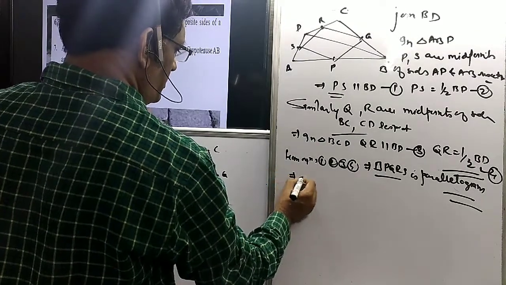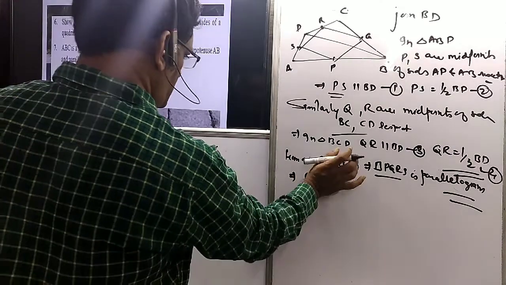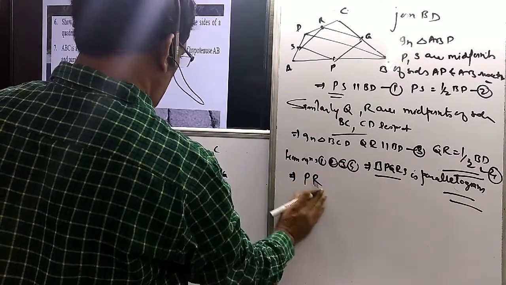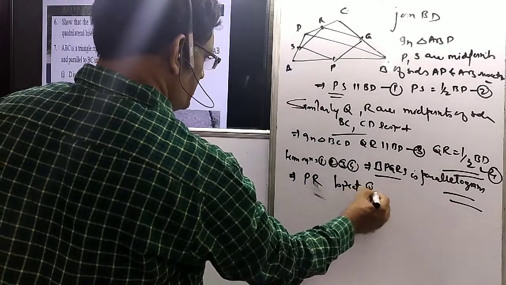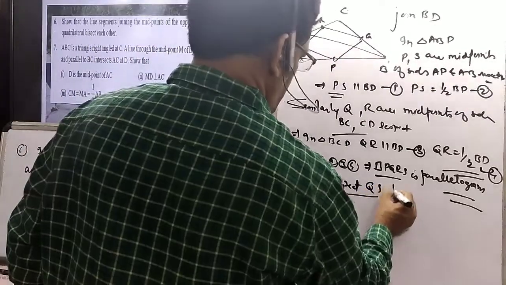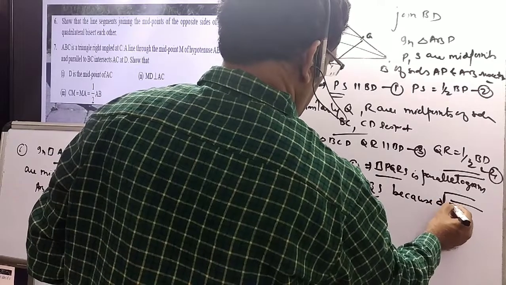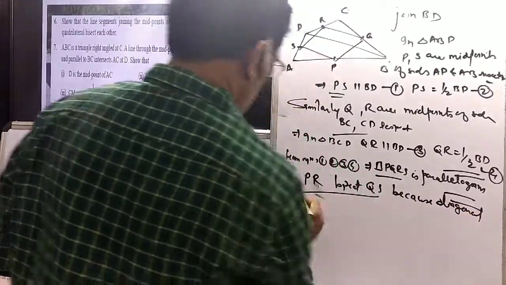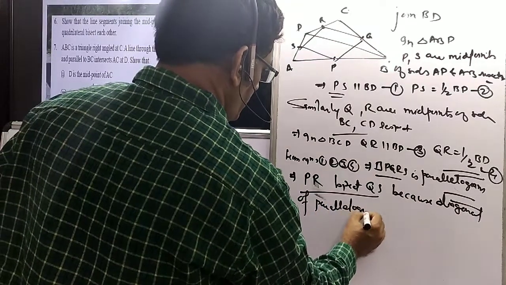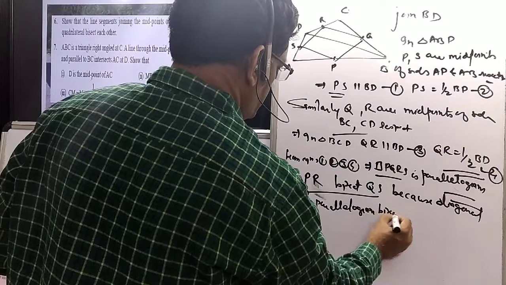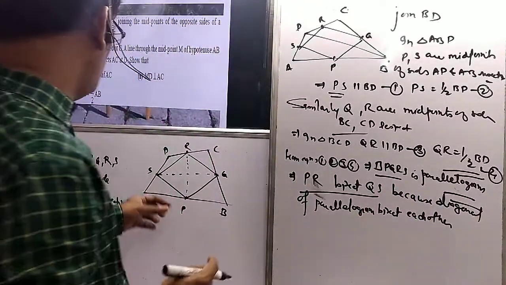So PR bisects QS because diagonals of a parallelogram bisect each other.